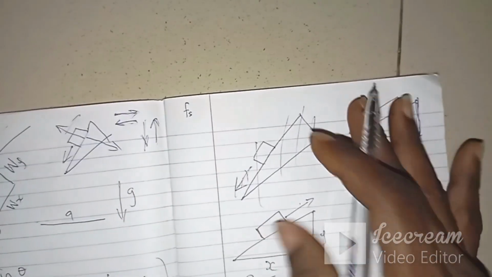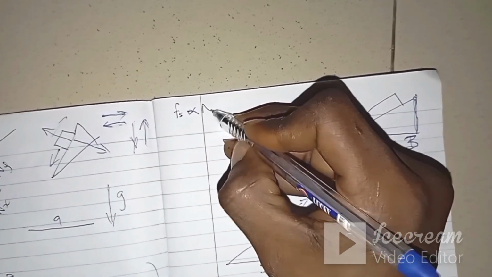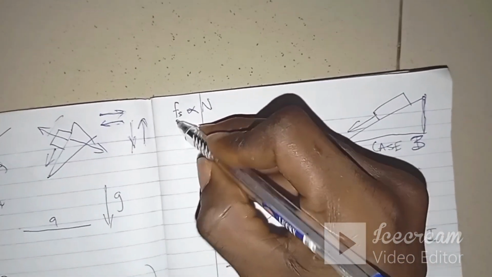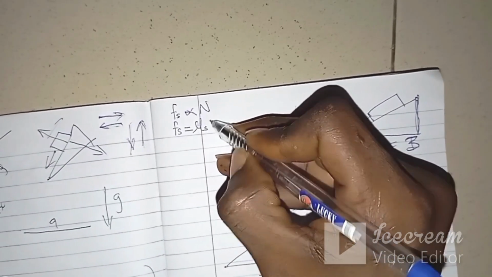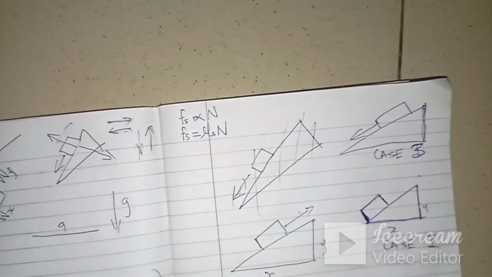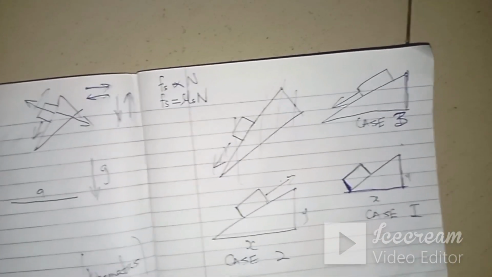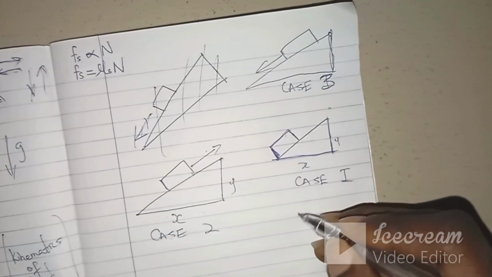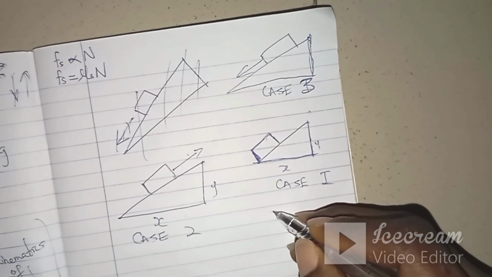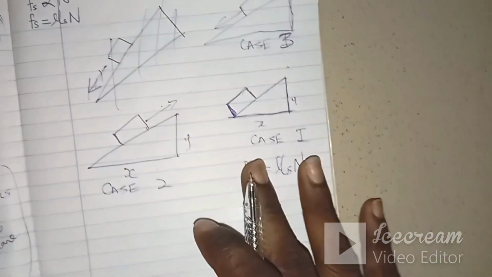So if I know this, static friction, we say is directly proportional to normal reaction. I normally say that static friction is equal to a proportionality constant, which is mu s, times N. So if I have this case, when an object is static, when it's not moving, I can simply say that what I have there is static force equals mu s times normal reaction.